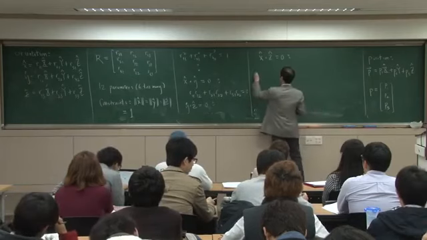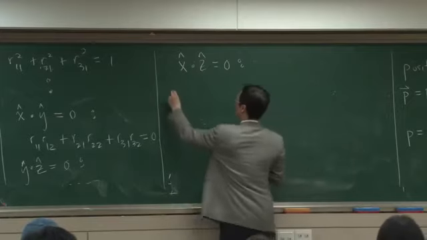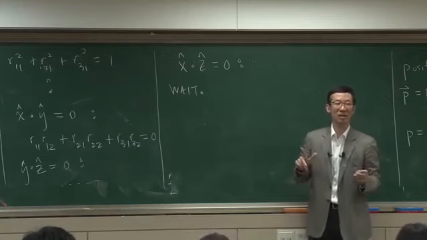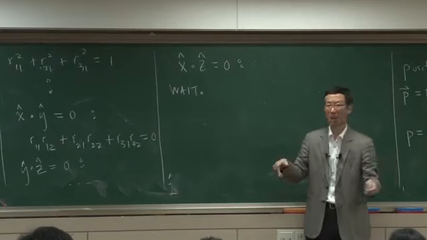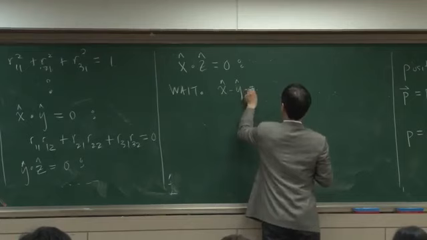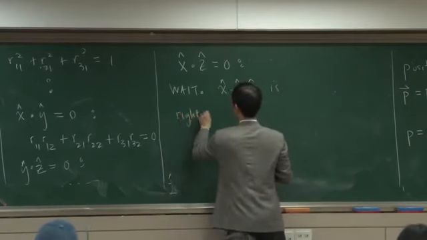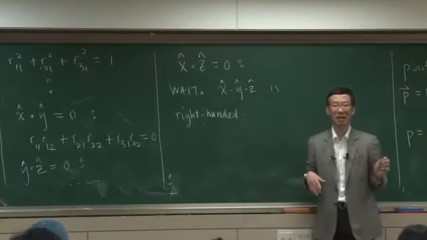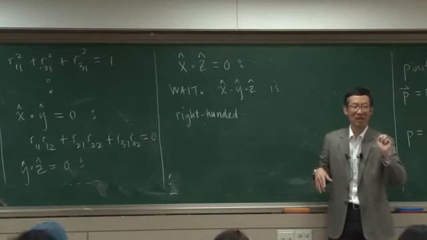So we have 6 constraints. Now, there is one constraint that we haven't talked about, and that's the issue of right-handed versus left-handed frame. This is right-handed. Now, what does it mean by right-handed?